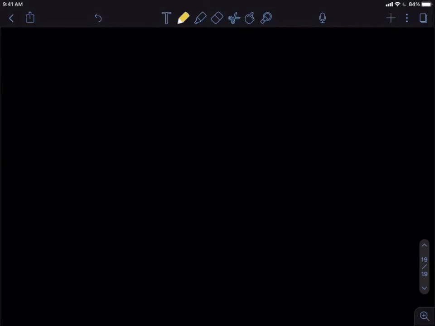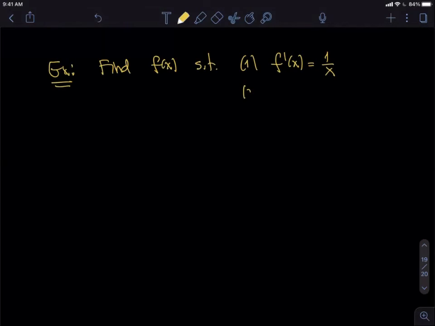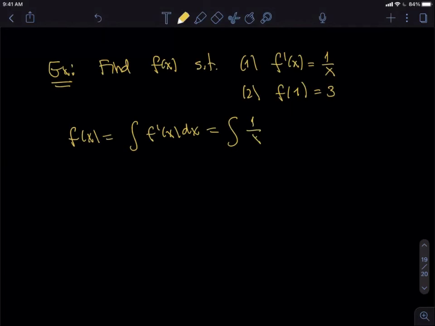Another example would be to find f(x) such that the derivative is 1/x and f(1) equals 3. The first thing we need to do is to find the antiderivative. It's the antiderivative of 1/x, which we know is the logarithm of the absolute value of x plus c.